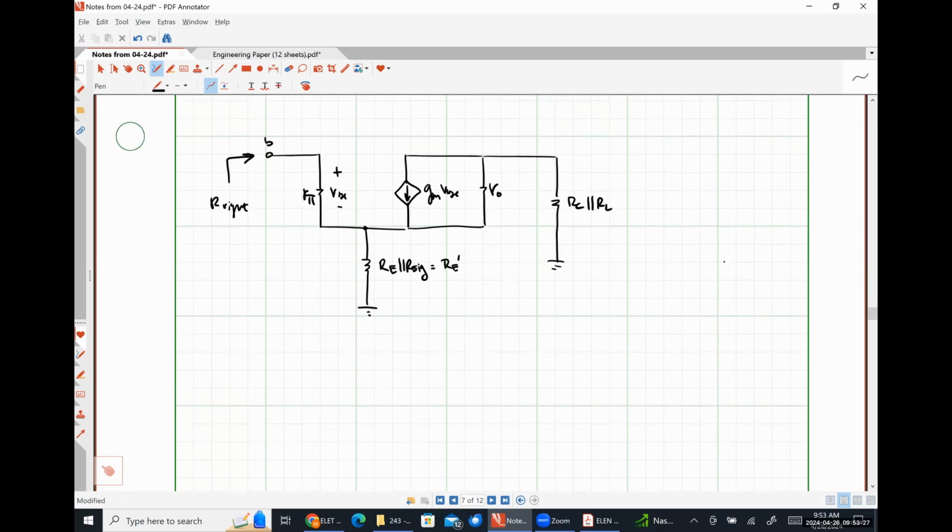So here we would see that R right is going to be R pi times RE prime, so that would be RE in parallel with R sig, times 1 plus gm R naught, times R naught plus RC in parallel with RL, times R pi plus RE prime.